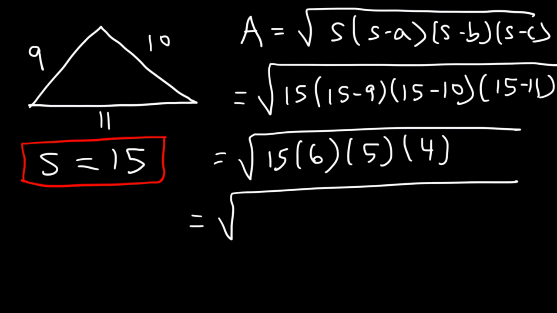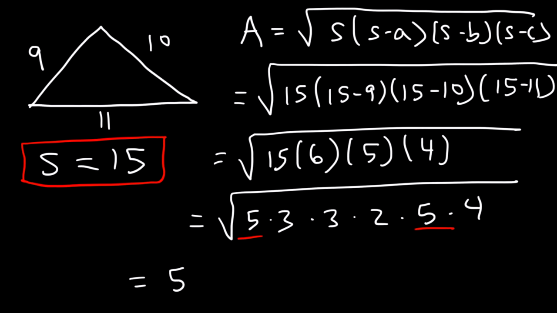Now let's see if we can simplify this an easier way. 15 can be broken into 5 and 3, and 6 is 3 times 2. I'm not going to change the 5, and the 4 I'm going to leave alone. So these two 3s can come out as a single 3, these two 5s can come out as a single 5, and the square root of 4 is 2, so that comes out as a 2.